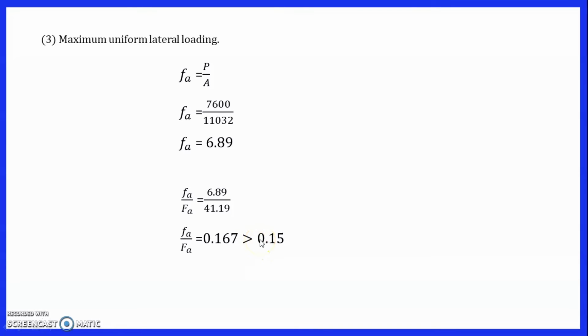Now this equation here states that when the value of the axial stress over the allowable axial strength exceeds 0.15, the beam column is said to be under large compression.